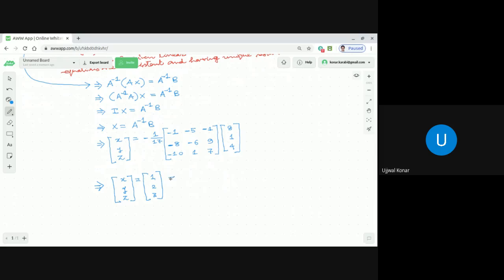Now we can apply the concept of equality of two matrices. When two matrices are equal, the corresponding elements are equal, dear students. So X is equal to 1, Y is equal to 2, and Z is equal to 3. This is the solution to the given system of linear equations.